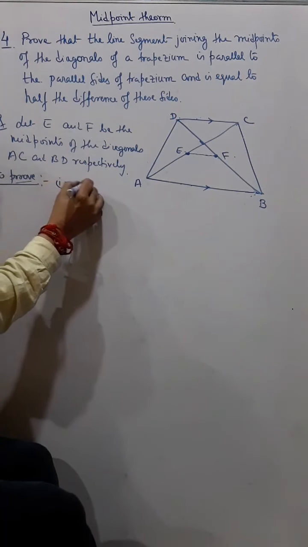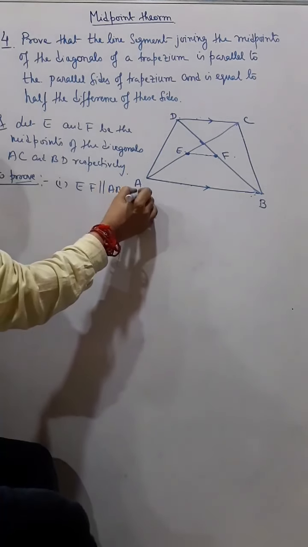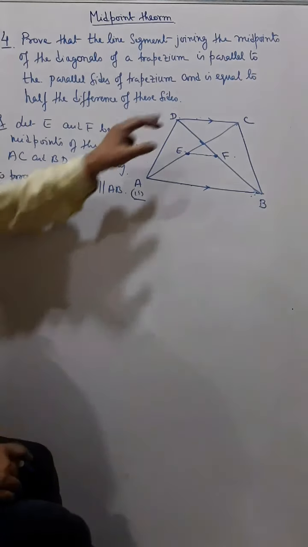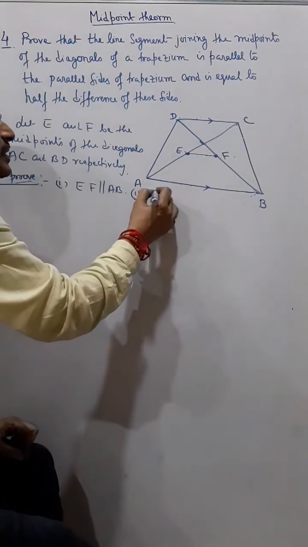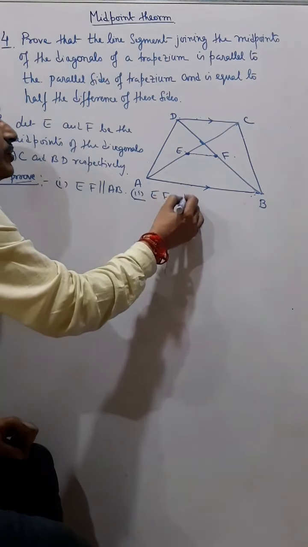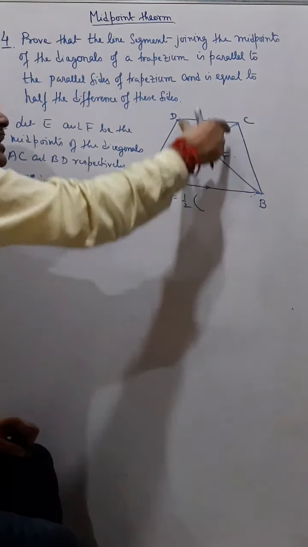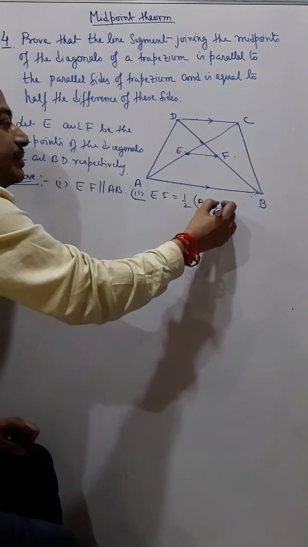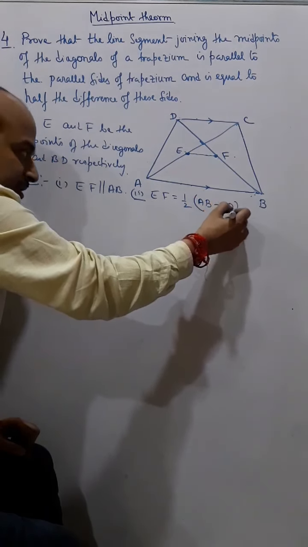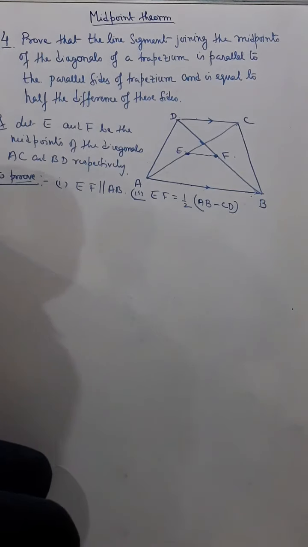The first thing we have to prove is that EF is parallel to AB, and that it is equal to half the difference of the sides. Difference means longer side minus shorter side. So EF is equal to half of AB minus CD. These two we have to prove. Okay.